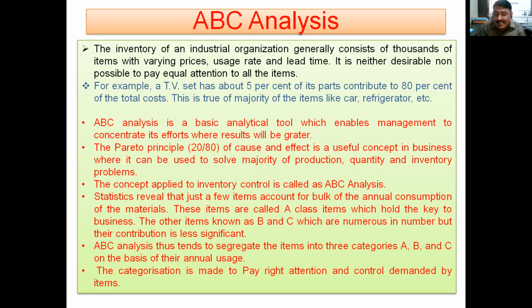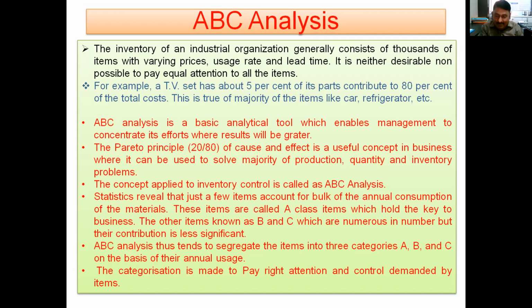ABC analysis thus tends to segregate the items into 3 categories, A, B, C, on the basis of their annual consumption value. Very simple. So here this concept is applied to inventory. Segregate the various items into 3 categories as A, B, C. The categorization is made to pay the right attention and control demanded by these items.